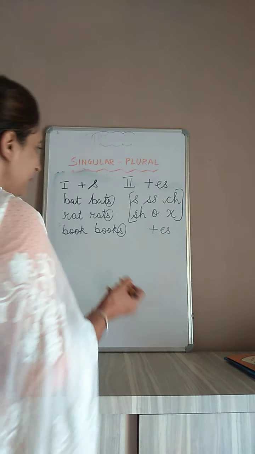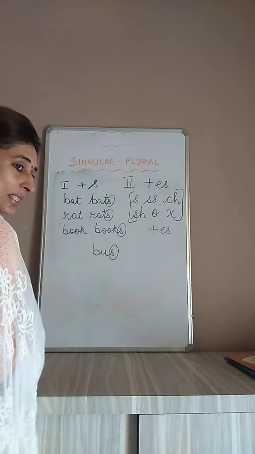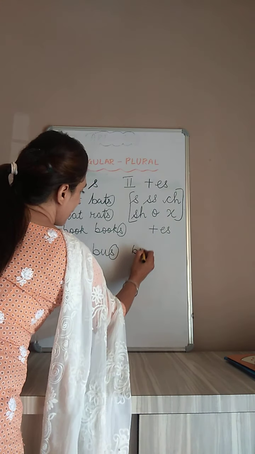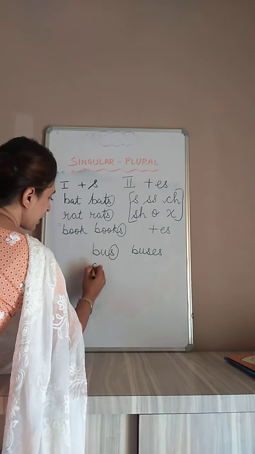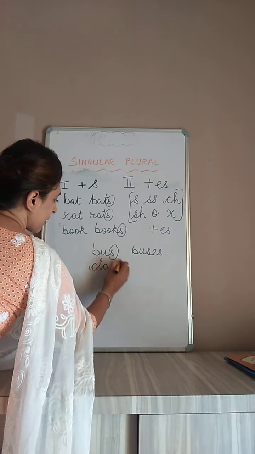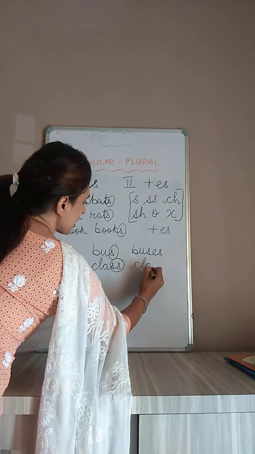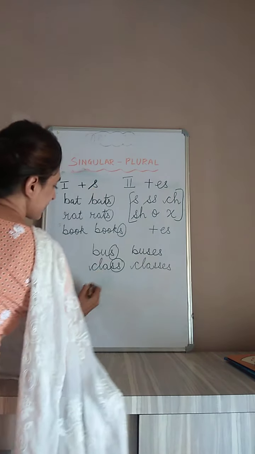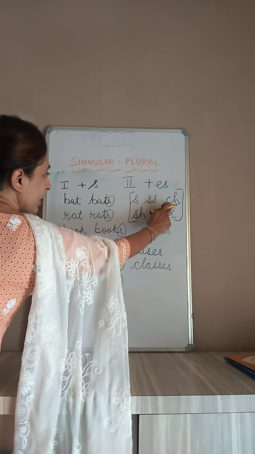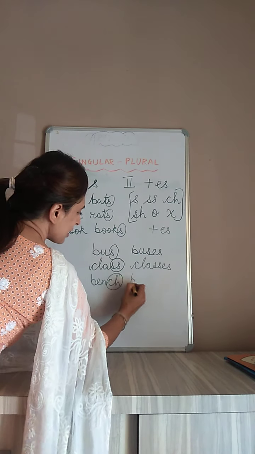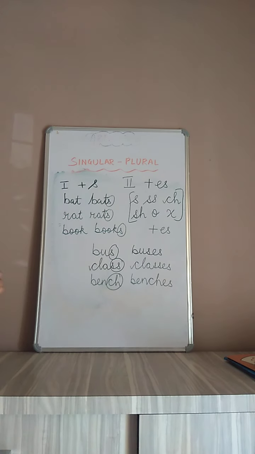For example, bus. Now it is ending with s, so we make its plural by adding es, buses. Clear? Then we have class, ending with double s, so plural form is classes. Next is bench, ending with ch, and we make its plural form by adding es, benches.